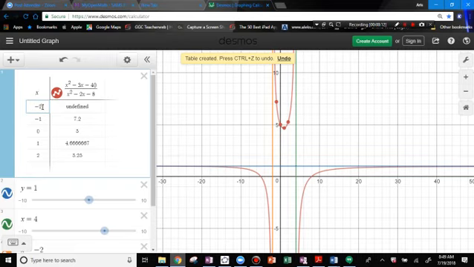At -2, Desmos knows, the programmer decided to put in the word undefined, and that's perfectly okay. We're not going to give it a value, and so it's not a real number, so let's leave it as undefined.